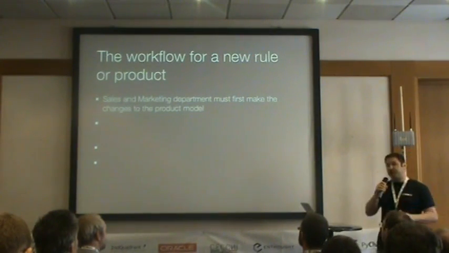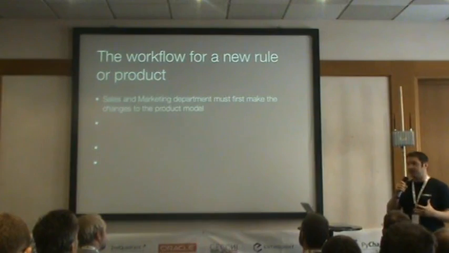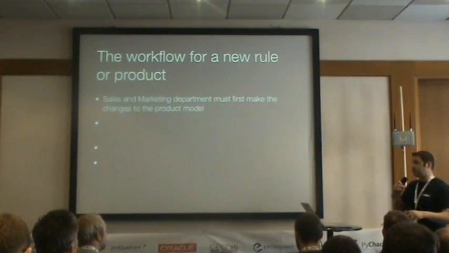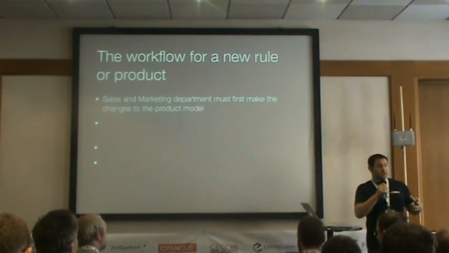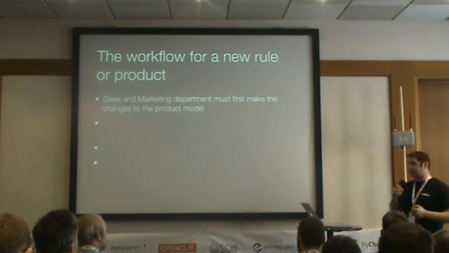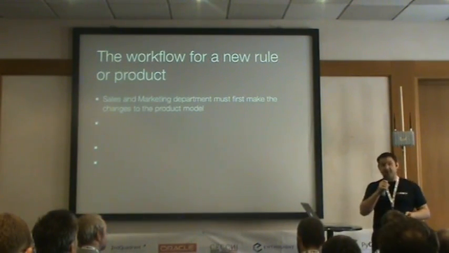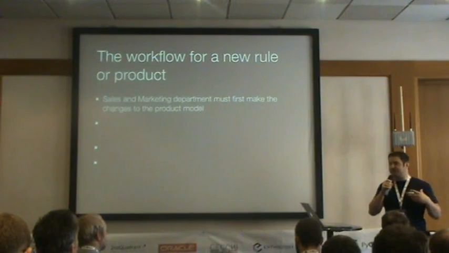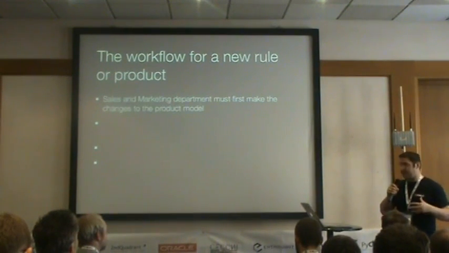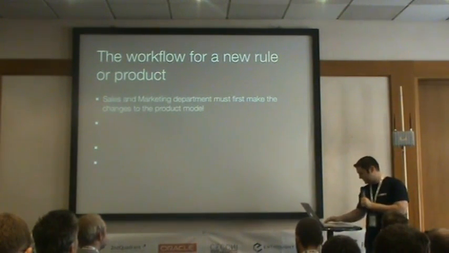So when you want to make a change, the first thing that happens is that the sales and marketing people dream up some new promotion or they've come up with some new product. The difference being that when you have a new product line, typically you know it's coming. A promotion might be something that comes to somebody in their sleep, and they want to get it out fast.